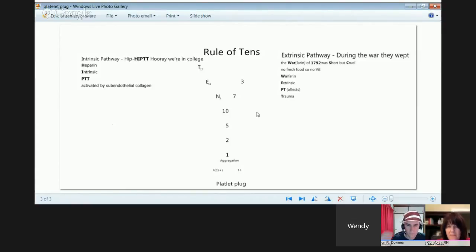You can't have it going too strong, otherwise we clot everywhere. We need to be very focused and almost delicate, if you will. Both factor 10 and 2 actually prevent clot formation. They're kind of a brake, if you will, in the clotting. In 10 and in 2?